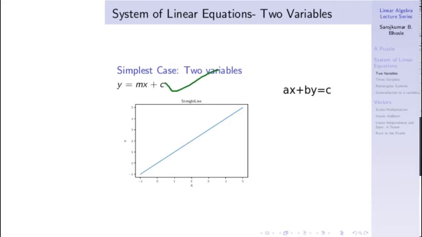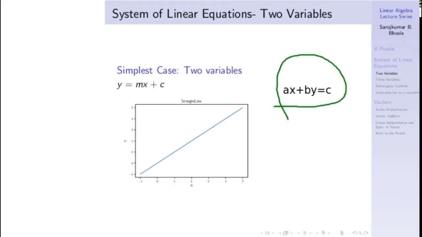A common form is the slope-intercept form, wherein m is the slope of the line and c is the y-intercept of the line. Another way this line can be represented is as ax plus by is equal to c.